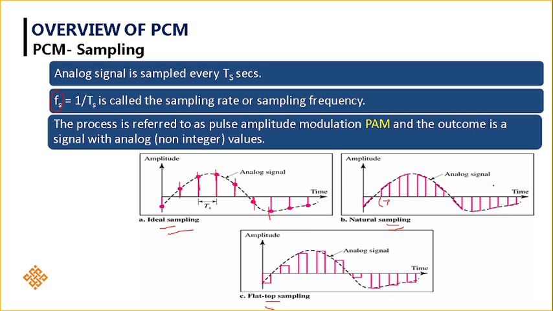And flat top sampling is one more technique where you can see the signal has a flat top shape. So there are a number of techniques where we convert an analog signal into analog values using sampling. These are just three techniques I have shown.